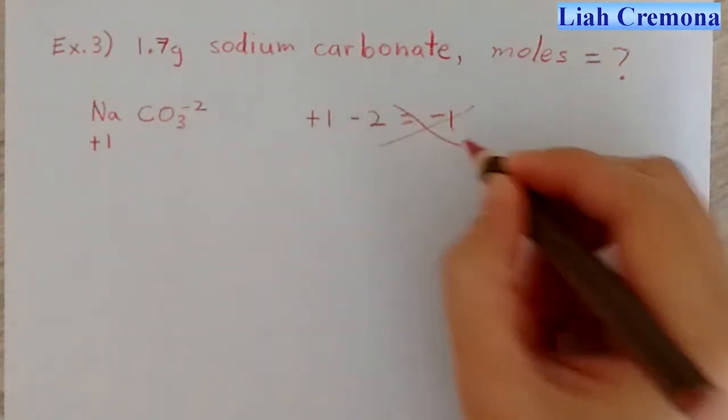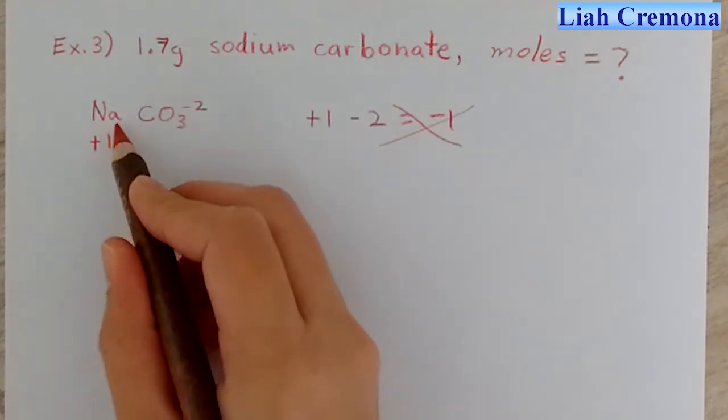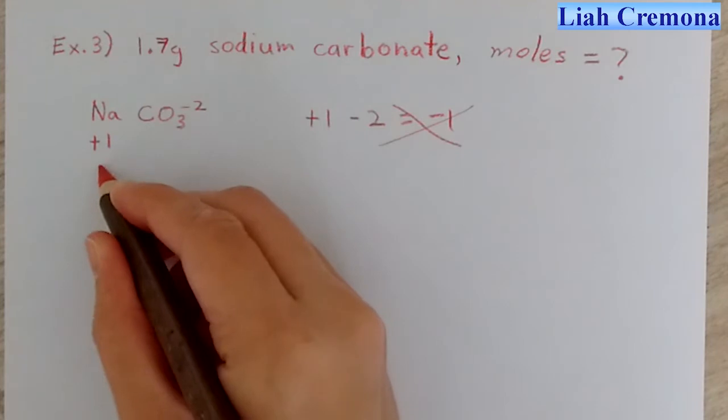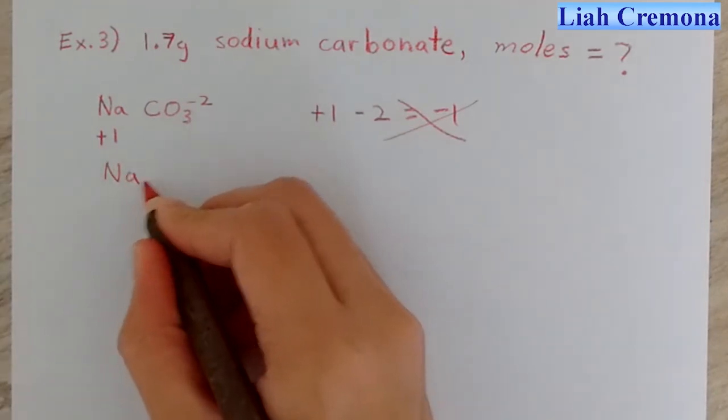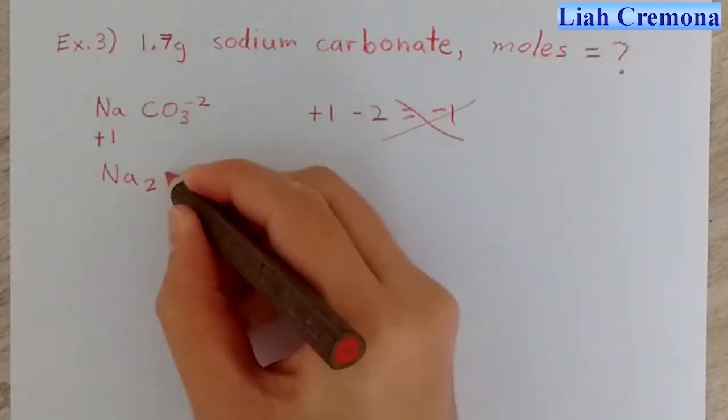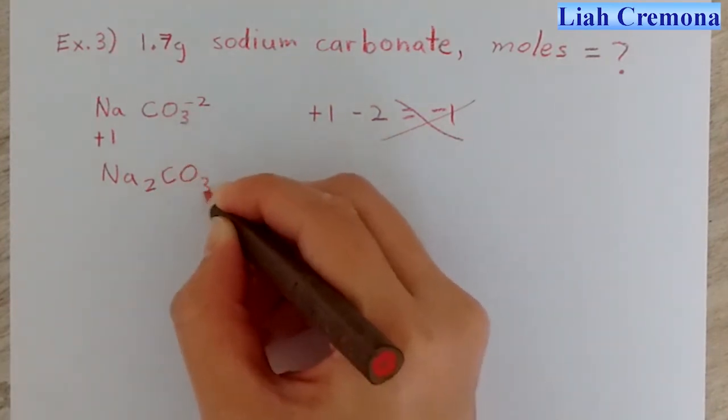So this cannot be. We need to have 2 sodiums in order for the entire compound to have a neutral charge. We show that there are 2 sodiums by putting a 2 as a subscript for Na.